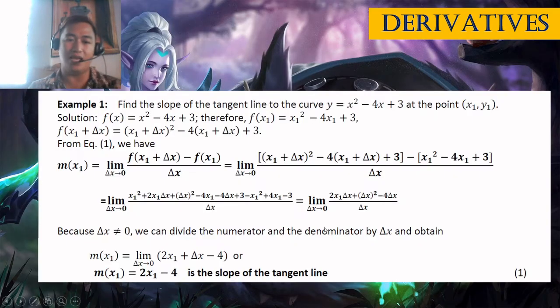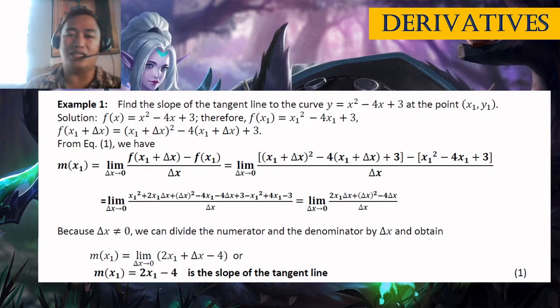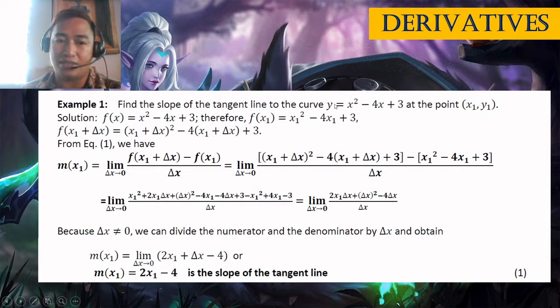Okay? So, consider this example. Find the slope of the tangent line to the curve y is equal to x squared minus 4x plus 3 at the point x1, y1. Class, we will replace y with f of x. Solution: f of x is equal to x squared minus 4x plus 3.